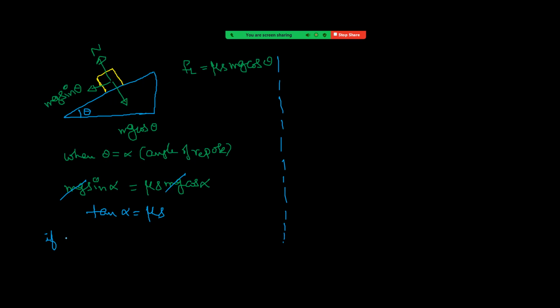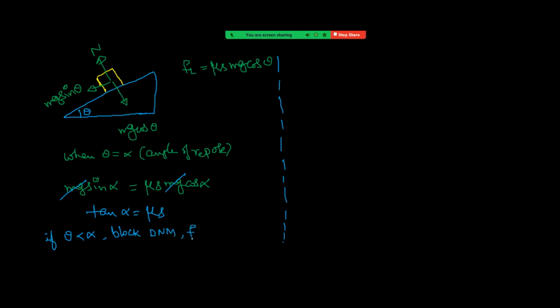If theta is less than alpha, if the angle of the inclined plane is less than the angle of repose, the block does not move. So how much is the frictional force?